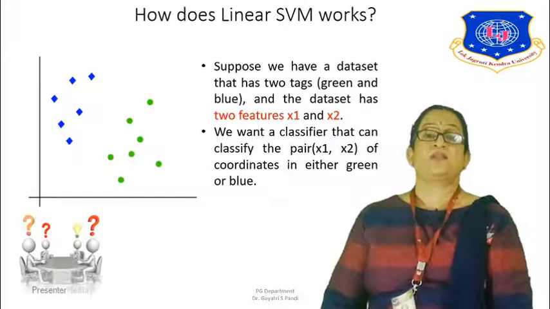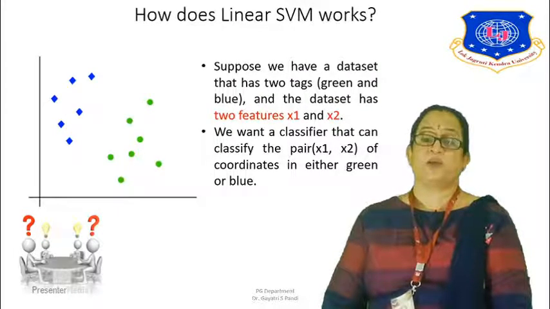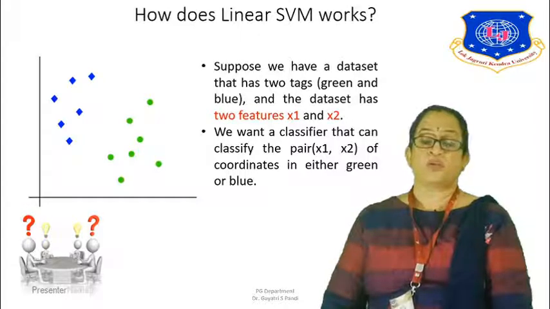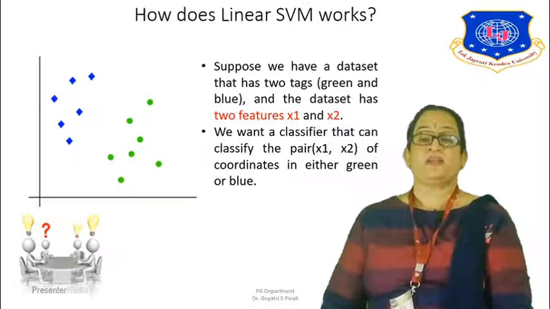Now how does linear SVM work? Suppose we have two different tags, that is green and blue. You have the blue in rhombus shape and the green in circle shape. They would have, say, two features, that is x1 and x2.